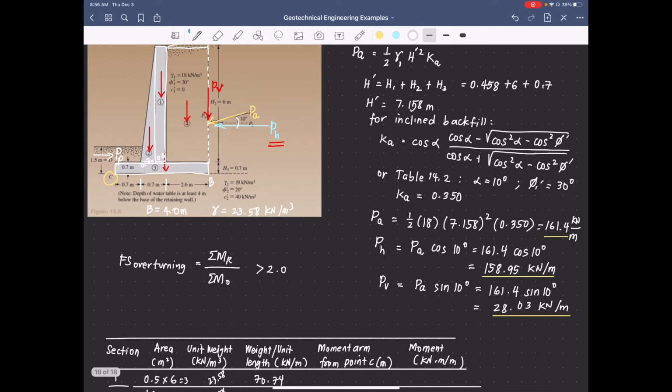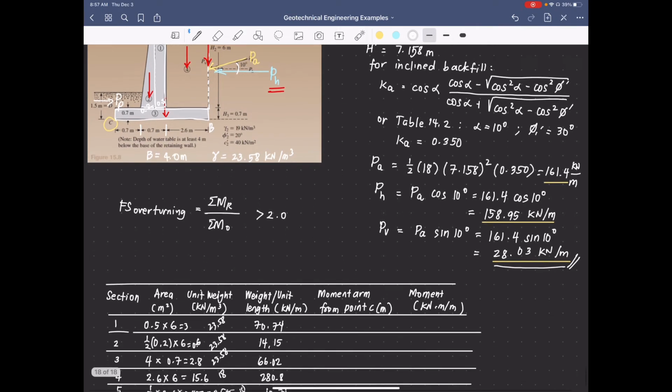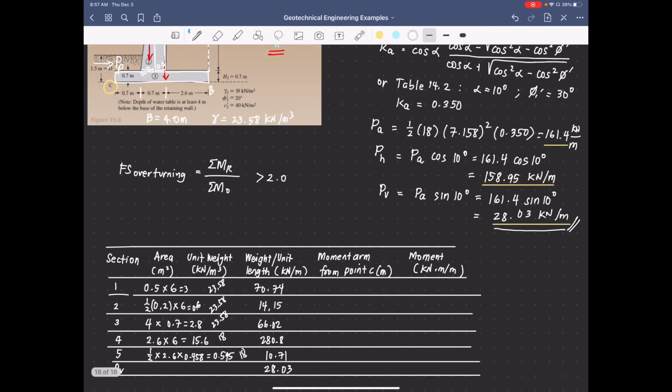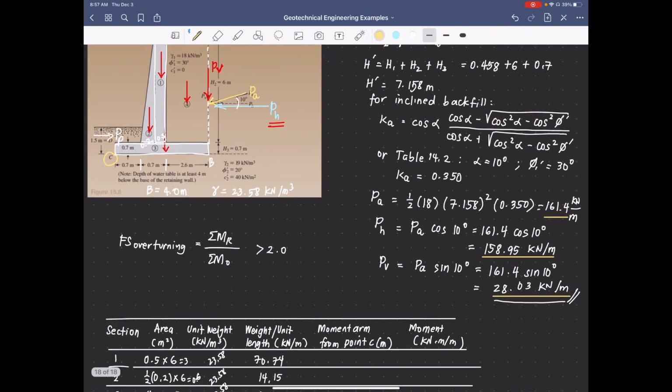So our P_V is already known, which is 28.03. So this is our P_V, 28.03. Now, if you want the moment arm from point C, for our section 1, the moment arm would be, let me consider this, from the centroid of the width, which is 0.5, so that is 0.25.